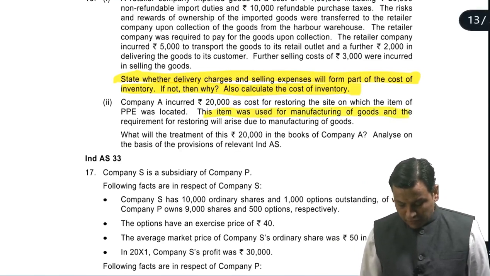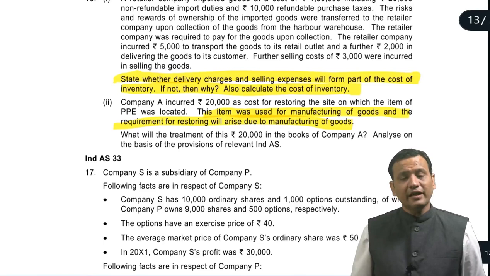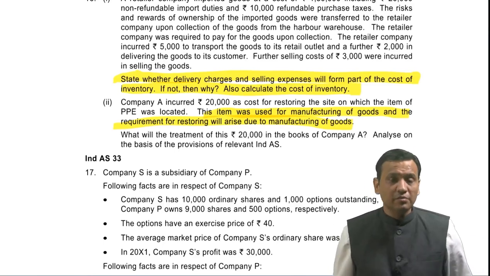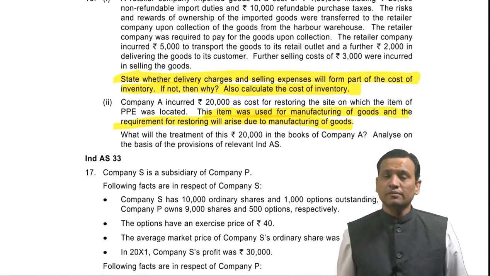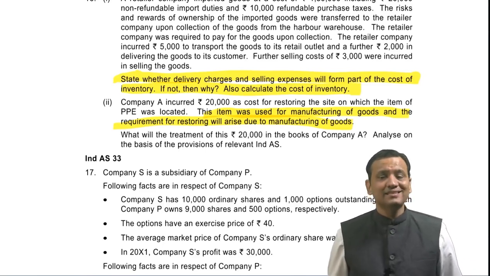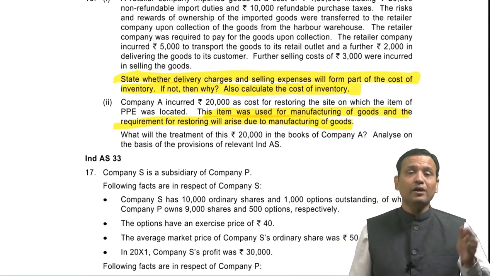Friends, the point which is important is this only. We have learned that the present value of cost of decommissioning forms part of the cost of PPE. But in this case, this 20,000 will not be forming part of my PPE. Why? The reason is very simple.